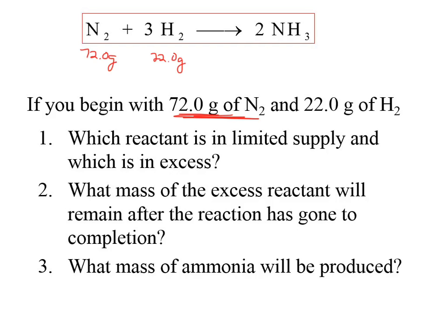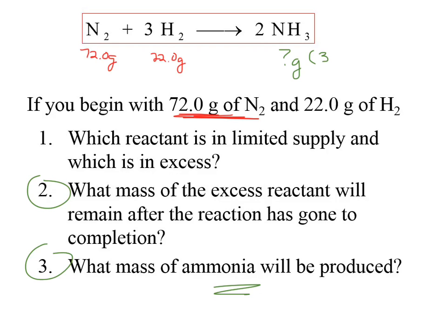So with this sort of problem, you're going to have to see which one you're going to run out of first. Right off the bat, it doesn't say which reactant is in limited supply and which is in excess. Question number 3, what mass of ammonia will be produced? Ammonia is NH3.